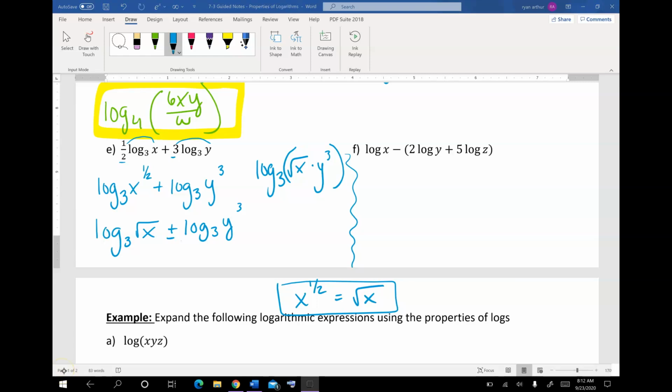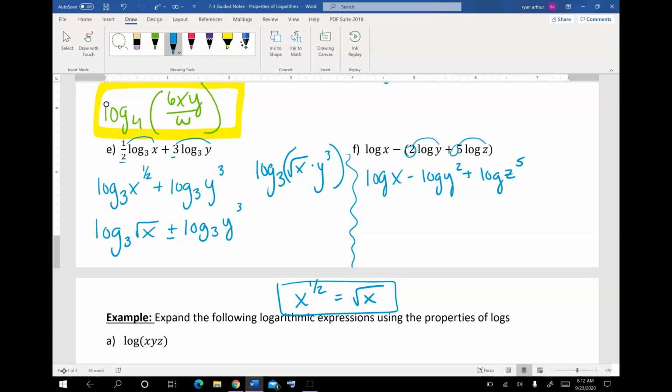So this one can be handled different ways. I'm going to do it the easier way. So before we start condensing, we've got to take these numbers in front and remake them as exponents. So now I'm going to have log of x minus log of y squared plus log of z to the 5th.